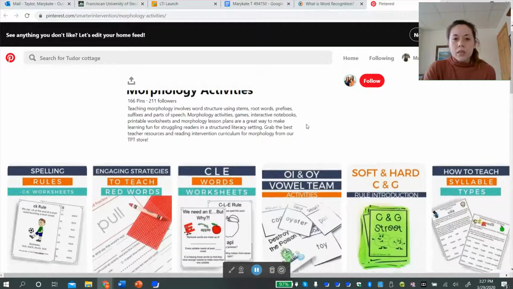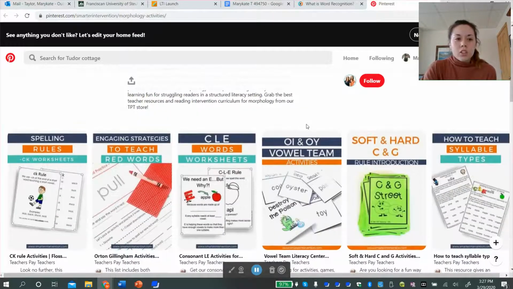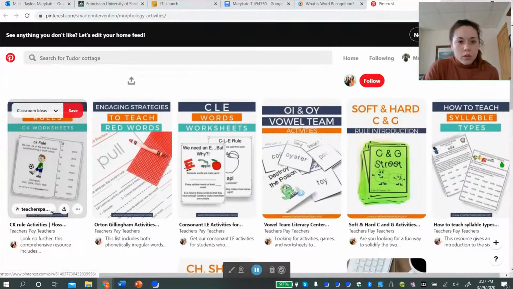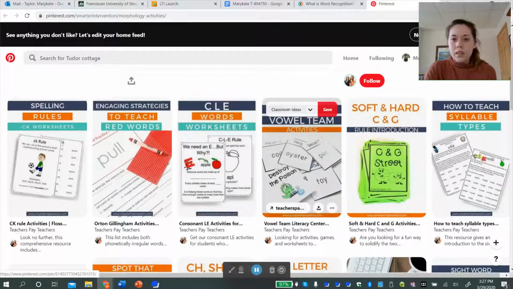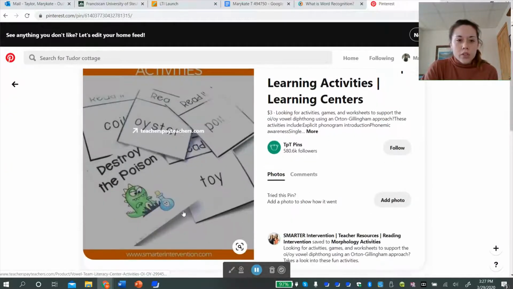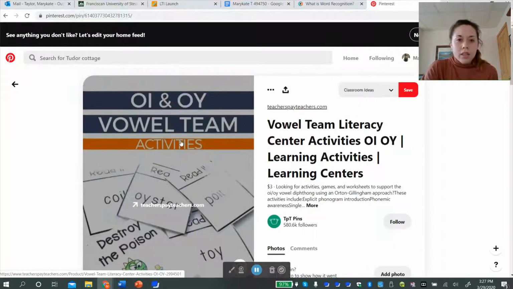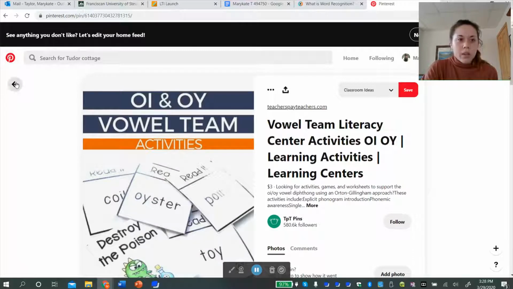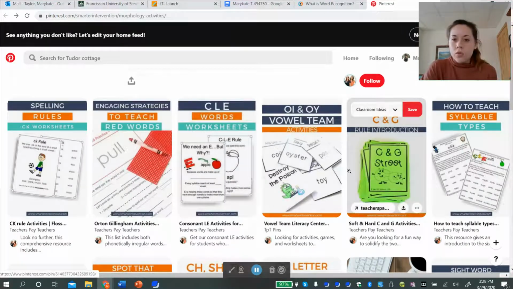because I thought it was a fun and different way to show you all. And I thought some of the ideas were so genius and cool, like oyster, toy, they have different activities like these, like the vowel team activities, and a lot of them have to do with flashcards, right?